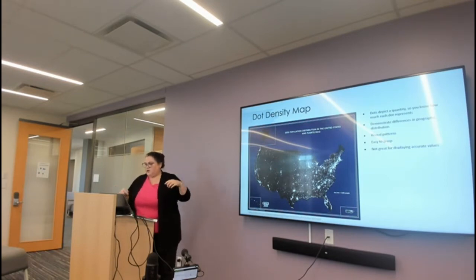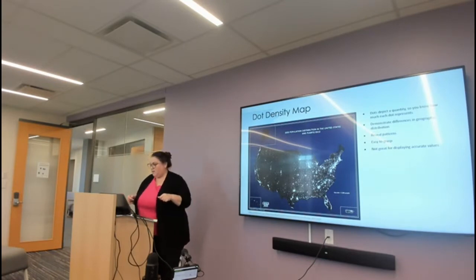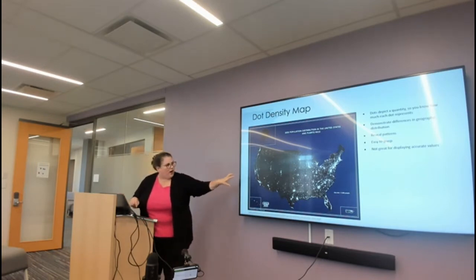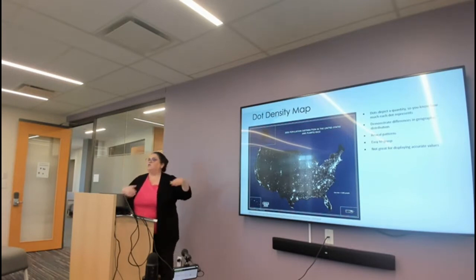So it demonstrates the differences in geographic distribution, certainly reveals patterns, but it's not great for trying to display accurate values. Nor would anyone presume that it would be, of course.